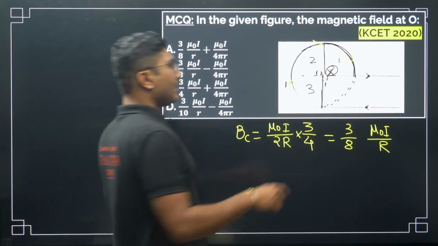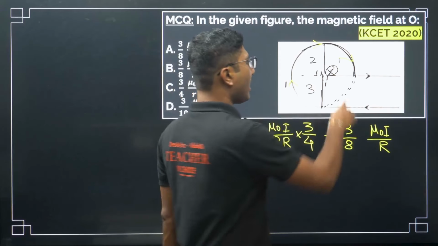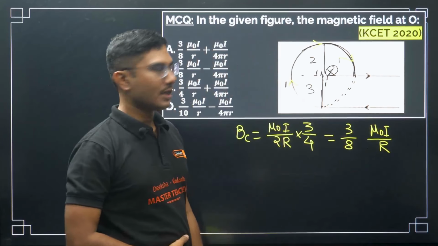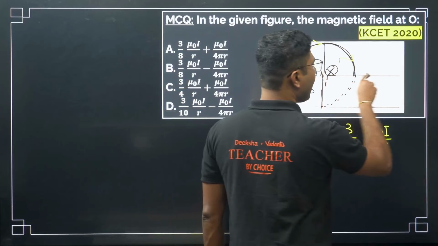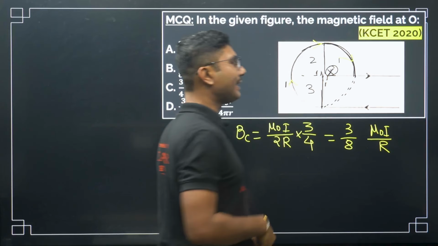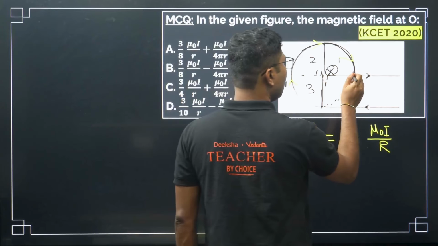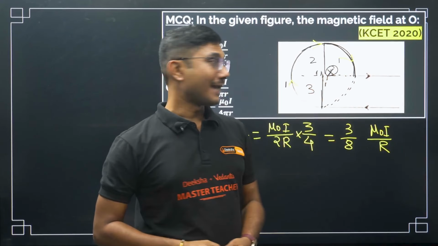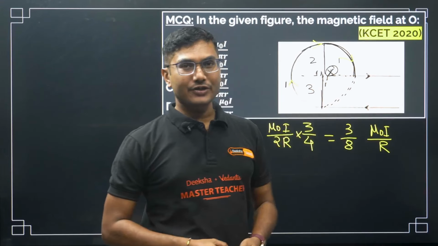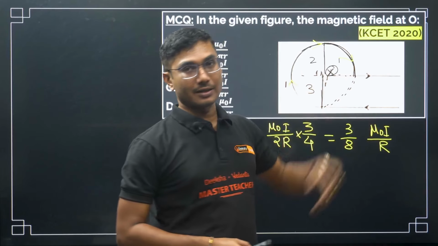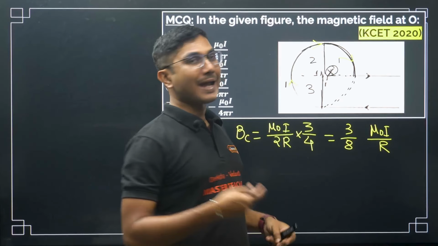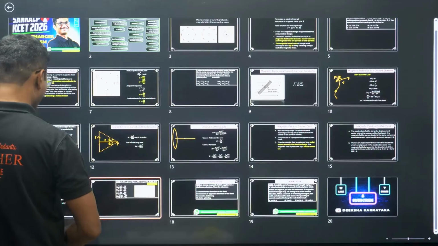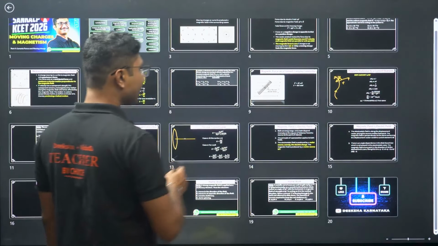Now there are two other wires. One wire is carrying current in this direction, another wire is carrying current in this direction. In this particular case, the wire is carrying current which passes through the center, not directly, but if you take an angle, you will see that it is carrying the current in the direction of the center. Now, the magnetic field due to a straight current carrying wire, what was the expression?